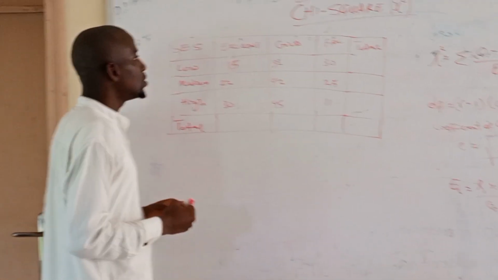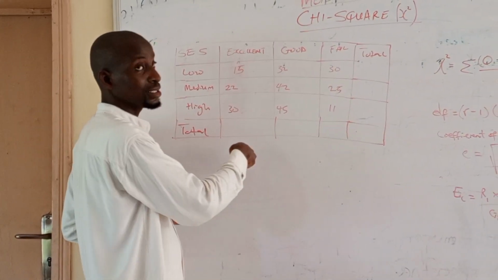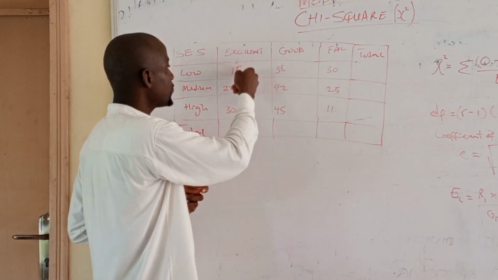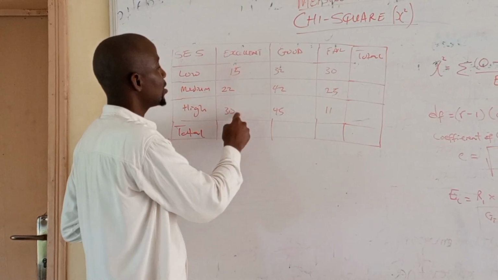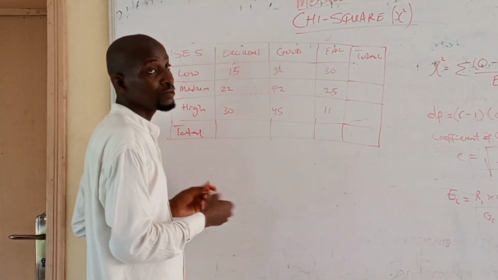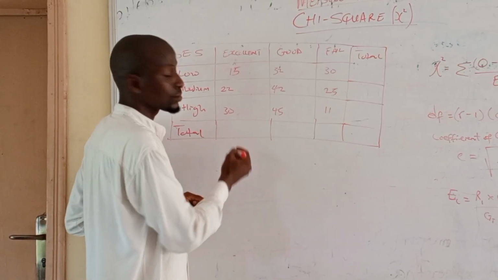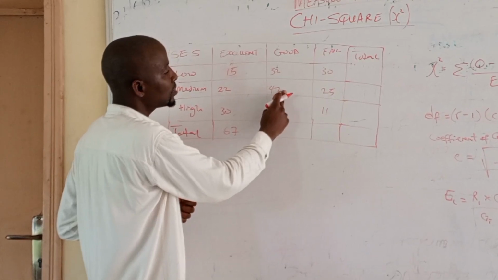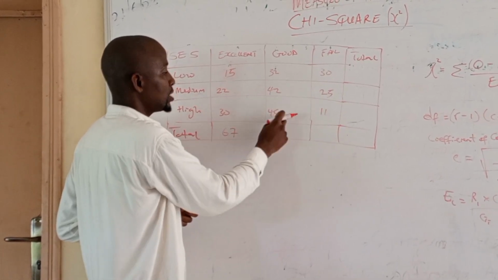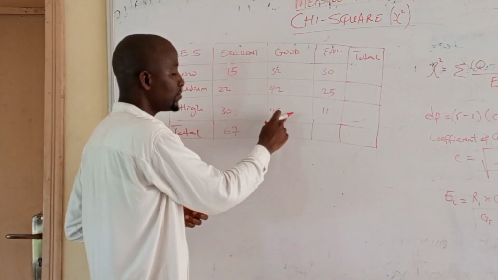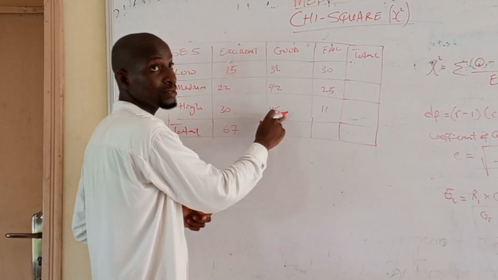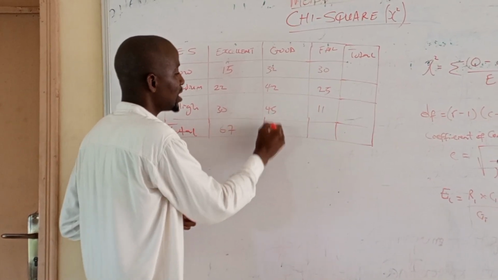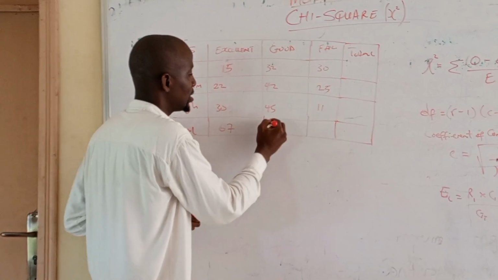Without much ado, this is a particular row, this is a particular column. We have 15 plus this, 45 plus 22 will give me 67. So we have 32 plus 42, and that will be 74. 74 plus 45 will give you 119.